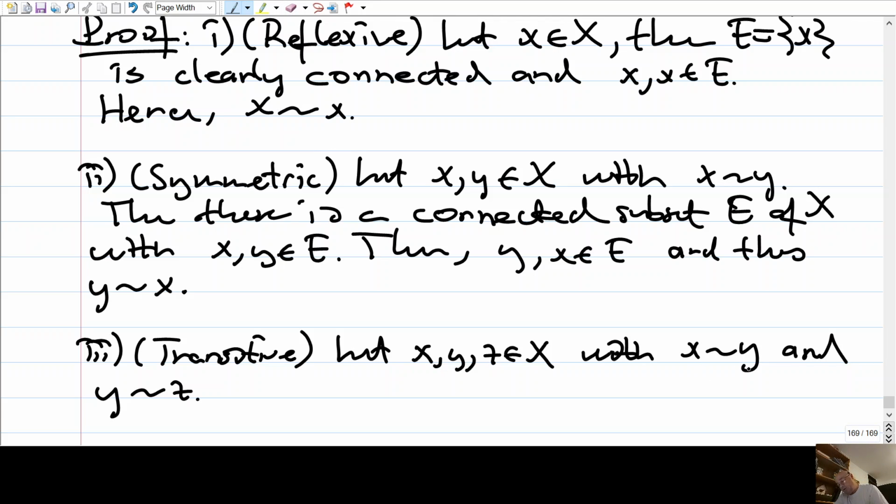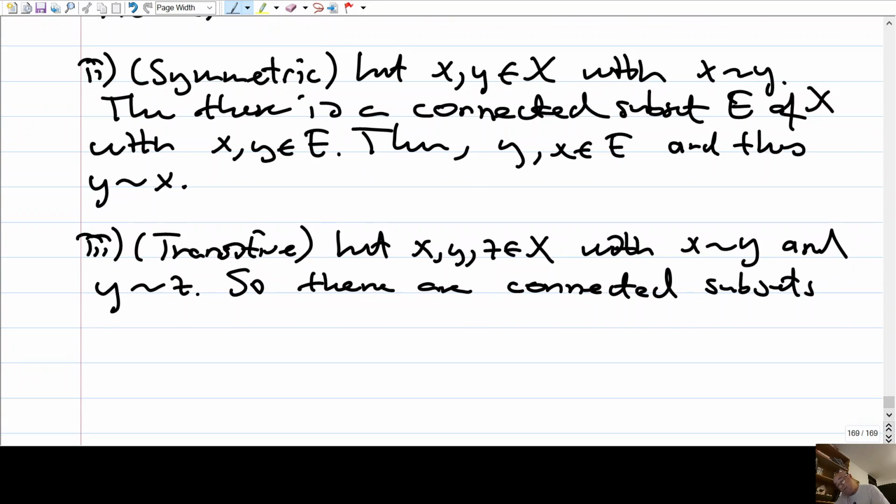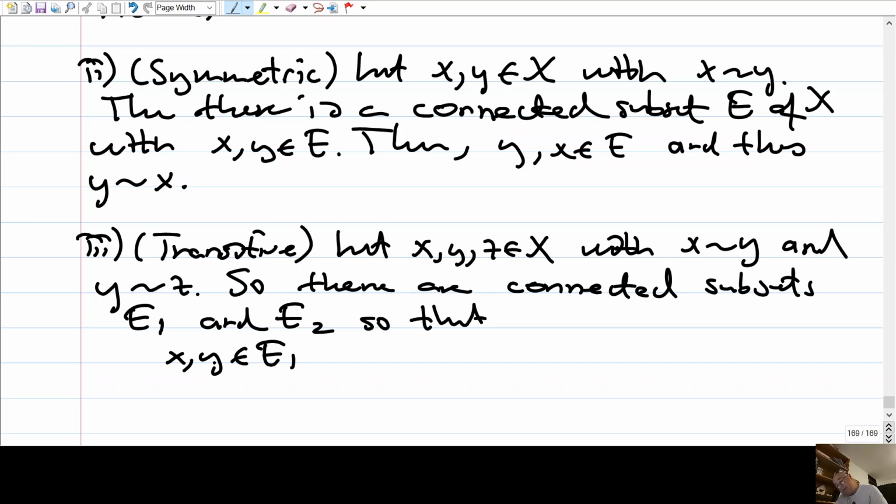Well, x is related to y means, by definition, there is a connected subset containing these two points. So there are connected subsets E1 and E2, so that x and y belong to E1 because x and y are related, and y and z belong to E2 because y is related to z.